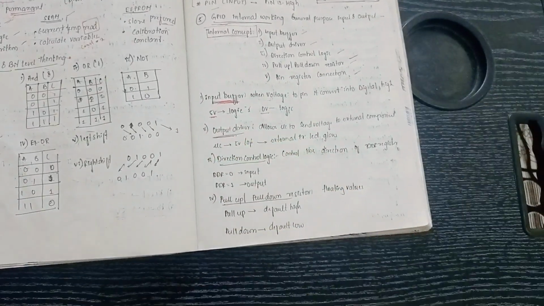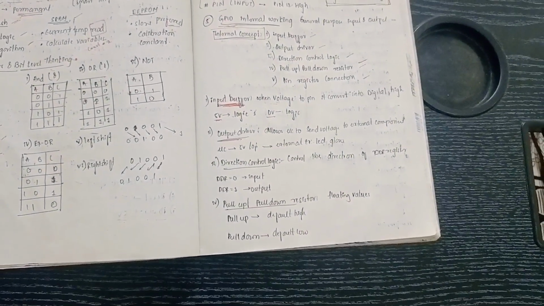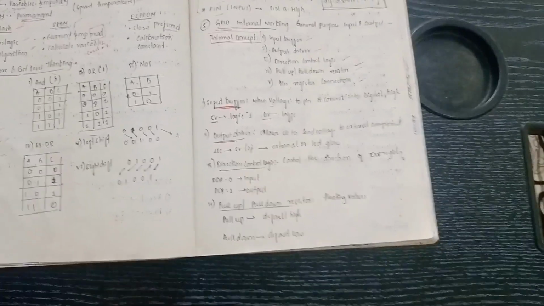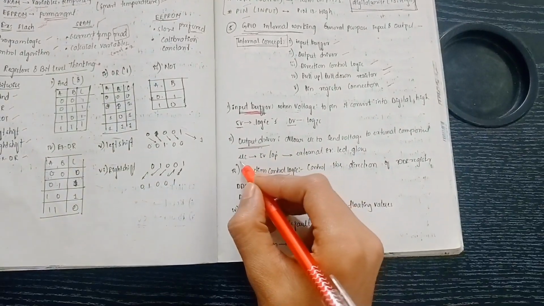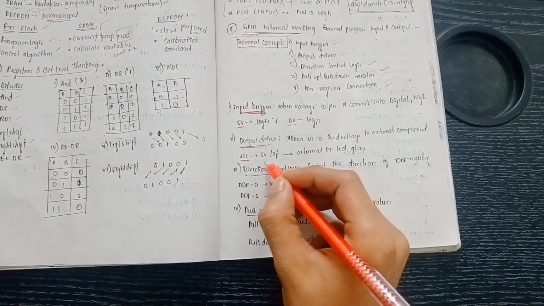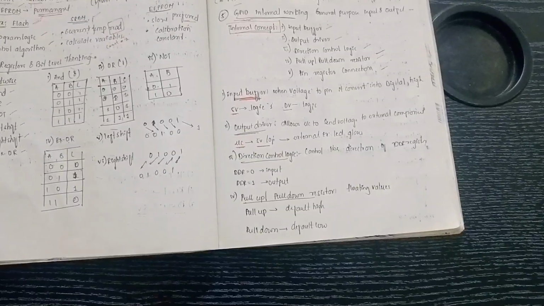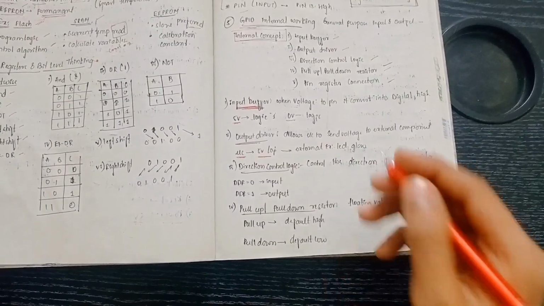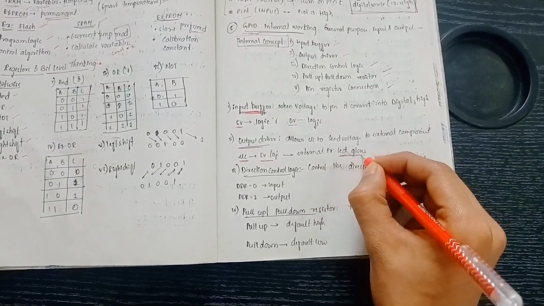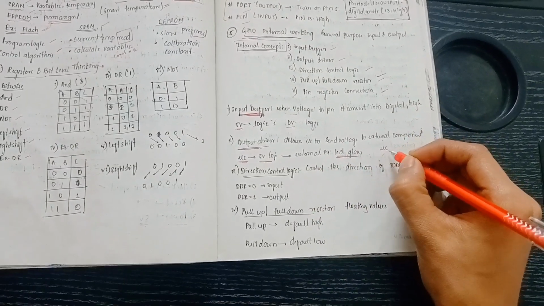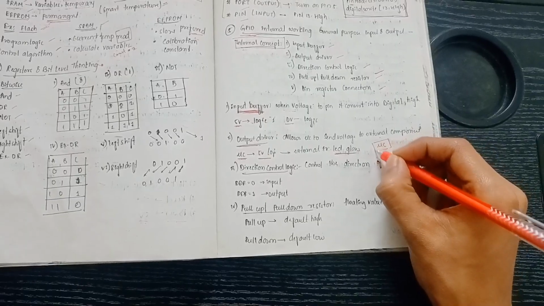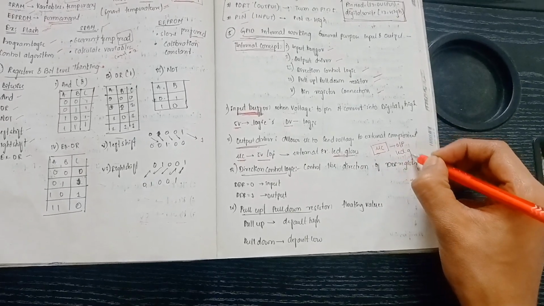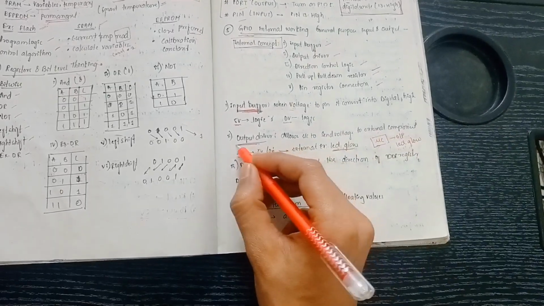Output driver allows us to send voltage to external components, when the microcontroller sends 5 volts of output to an external device. In this case, let's take an LED. When the microcontroller completes a task and the output needs to make an LED glow, it would be taken by the output driver.